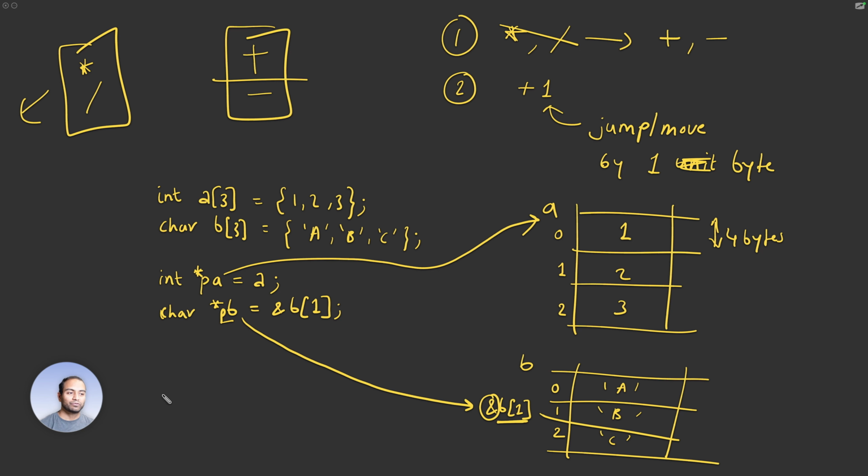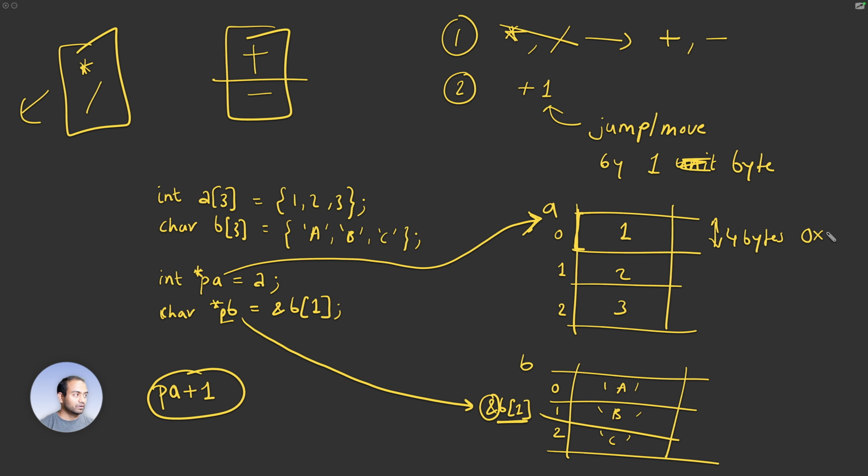Now the key point that I want you to remember: if we did pa plus 1, remember pa is pointing here, the 0th element of a. So when we do plus 1 here, this is very, very important.